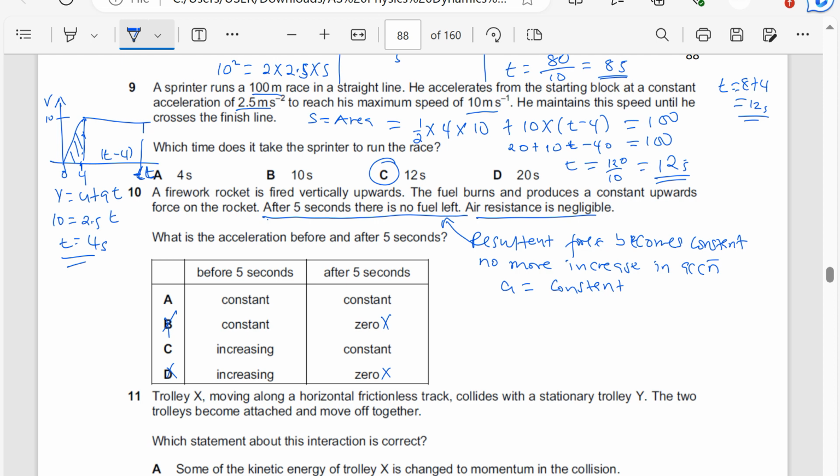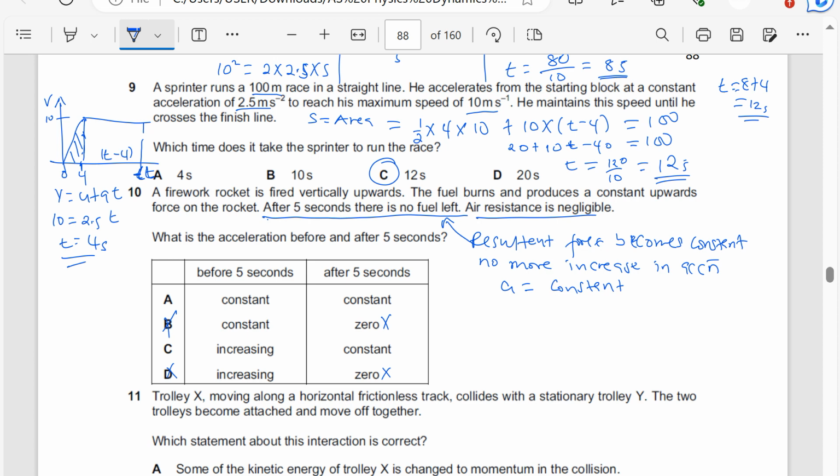Okay, but then before 5 seconds, the fuel burns and produces a constant upwards force on the rocket. Before 5 seconds, the fuel is producing a constant upward force. So since there is a constant upwards force, the firework rocket is fired vertically upwards.